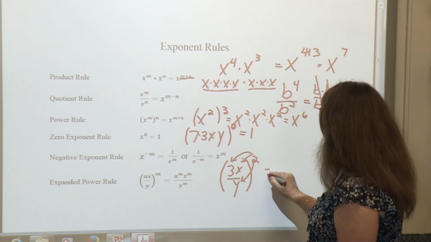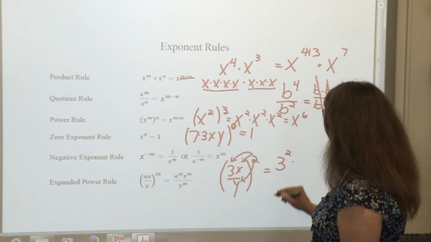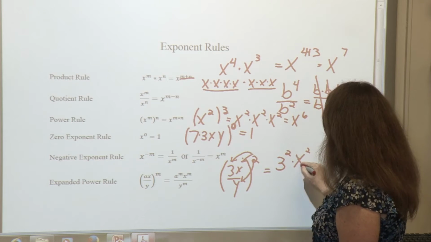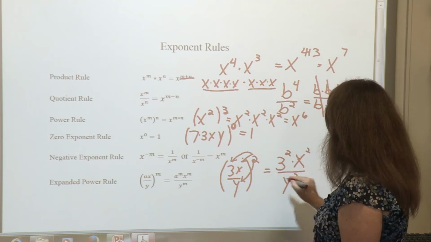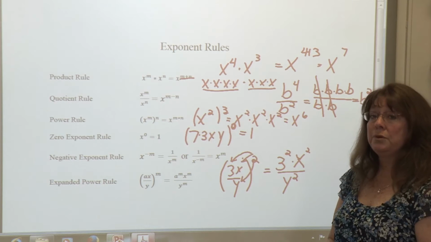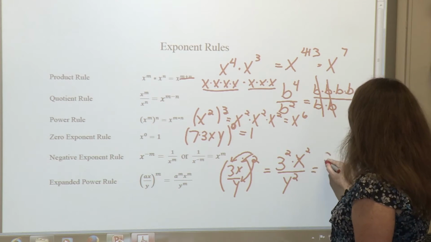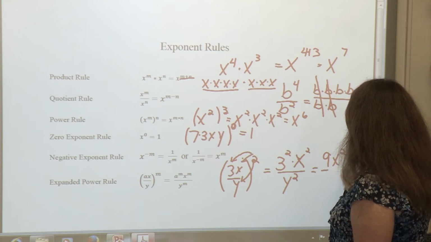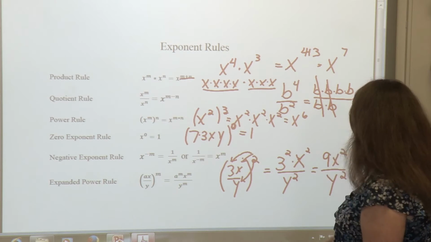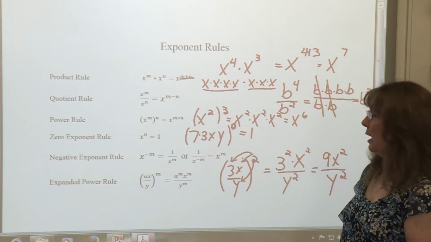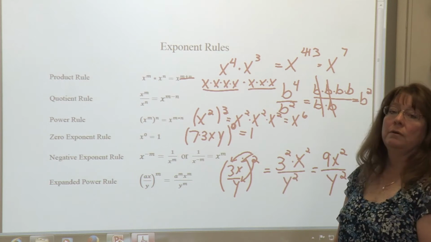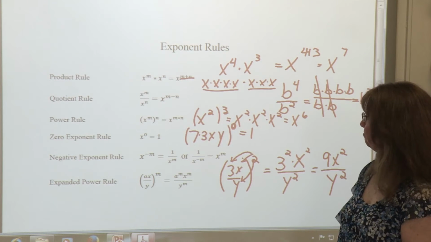So I'm going to end up with the 3 being squared, the x being squared, and the y being squared. Often they'll go ahead and actually make the calculation with the number parts, so 3 squared will give me 9, and you may see this on one of the multiple choice with 9x squared over y squared instead of the 3 squared for the numerical part.